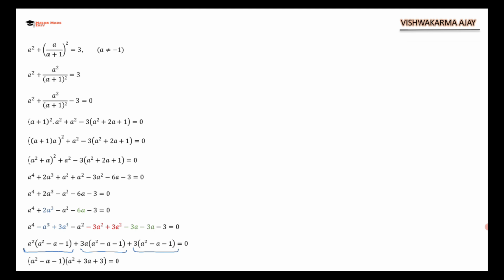In the bracket you are left with a² plus 3a plus 3 is equal to 0. Our equation is reduced to two single parts whose product is equal to 0. You can simplify this as a regular quadratic equation now.